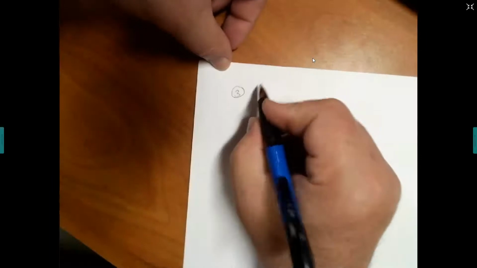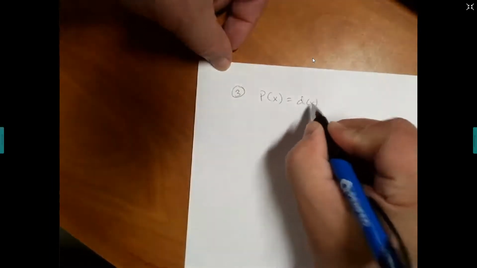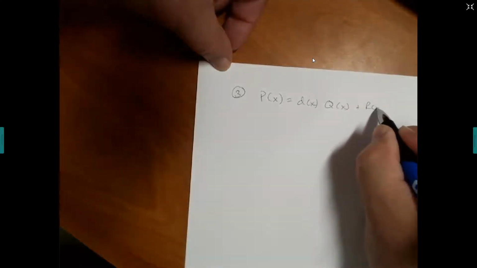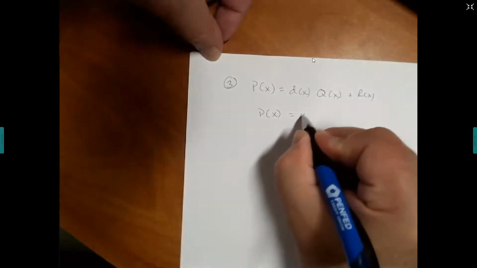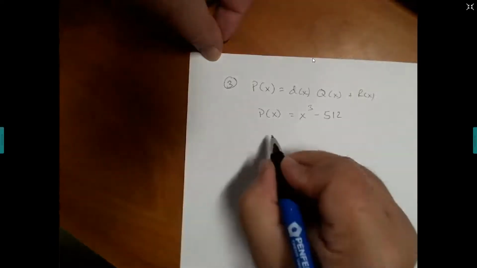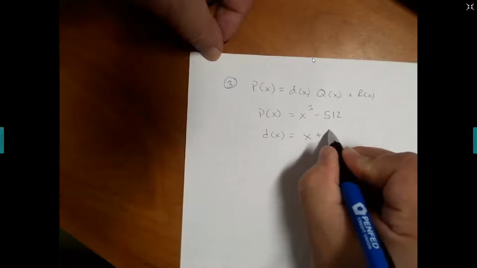All right, question number 3. Put it in this form. Given p of x is equal to x cubed minus 512, and d of x is equal to x plus 8.